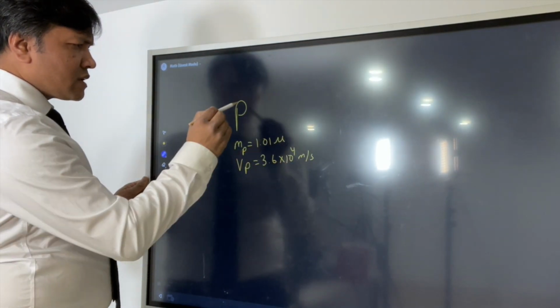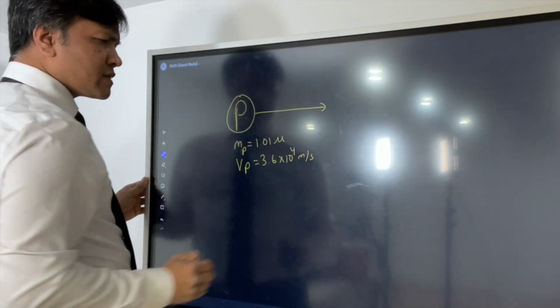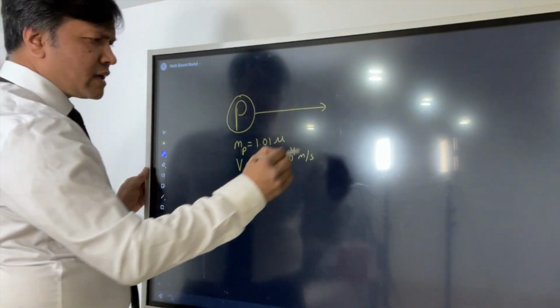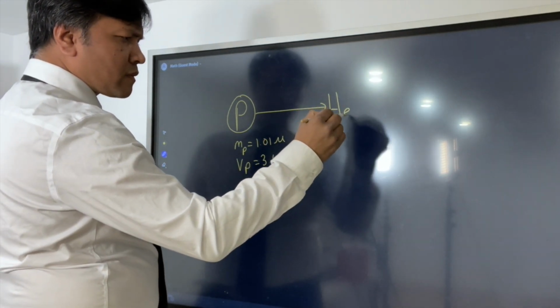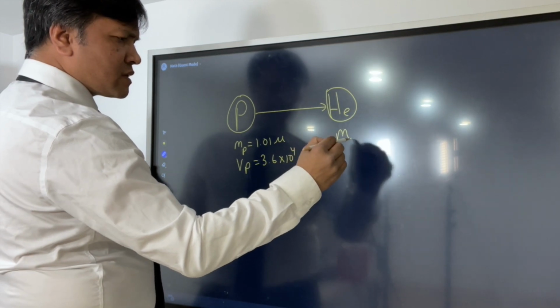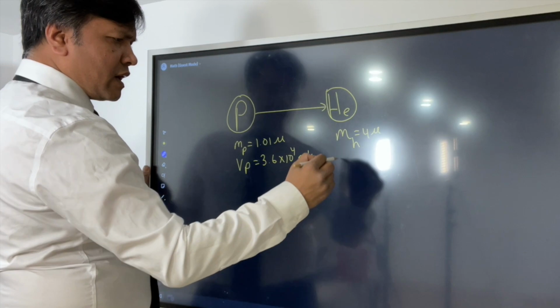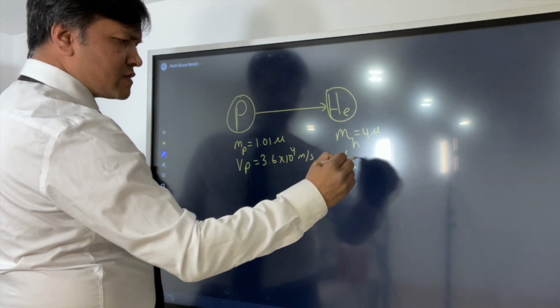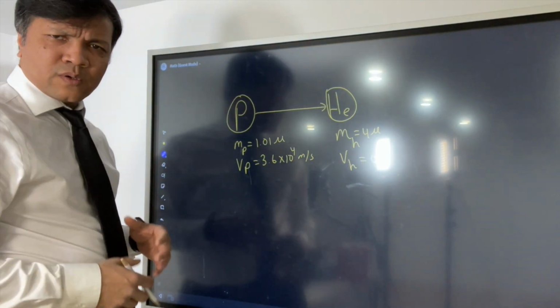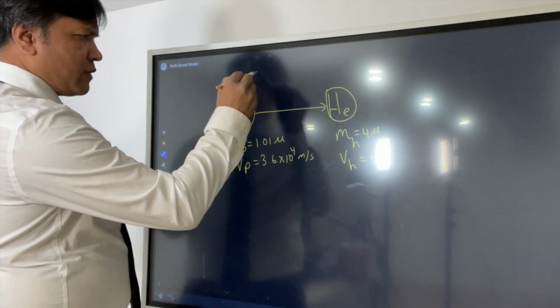All right, so this proton strikes a helium whose mass is 4 u and whose velocity is 0. So that helium is at rest. This is before.